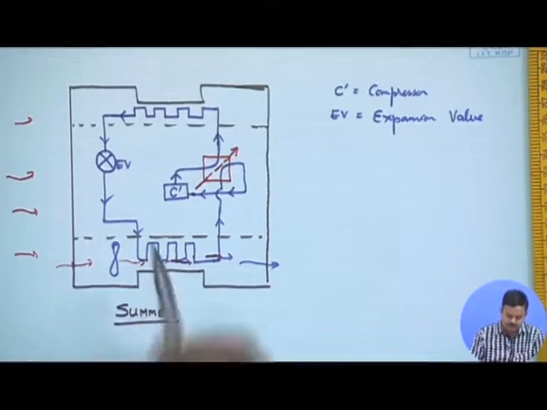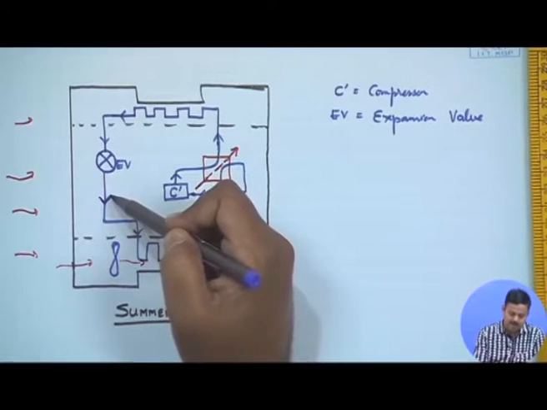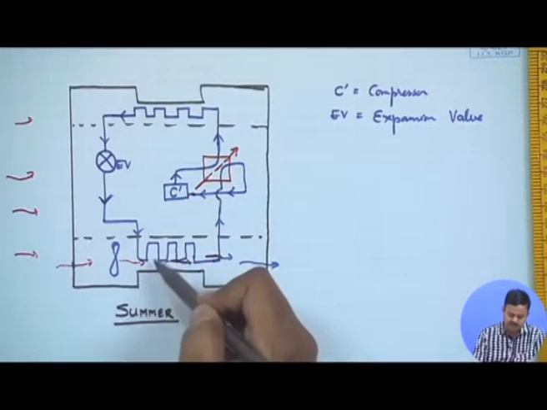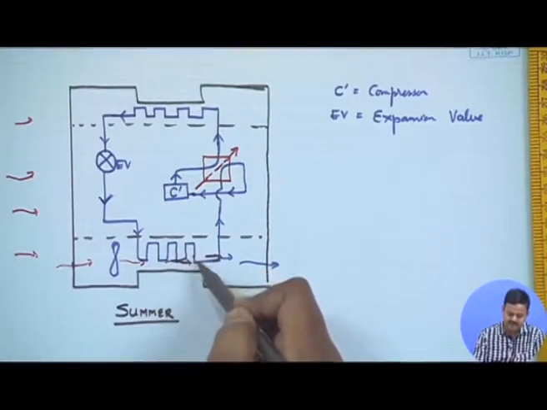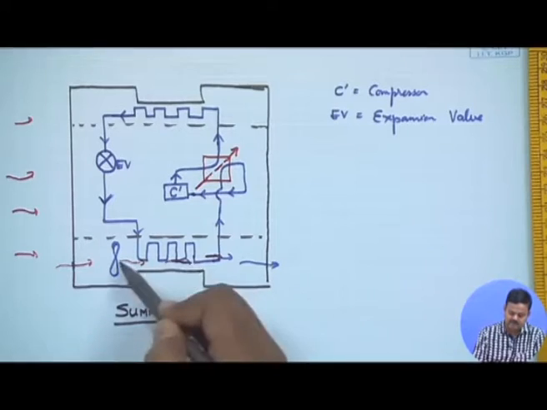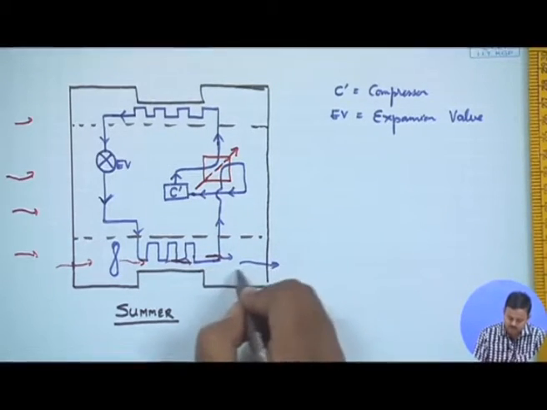Clear? So the refrigerant liquid at the low pressure coming out of the expansion valve flows through this heat exchanger, where it absorbs heat from the hot ambient air that is coming in, thereby cooling this ambient air to a low temperature, and this then goes to the room.